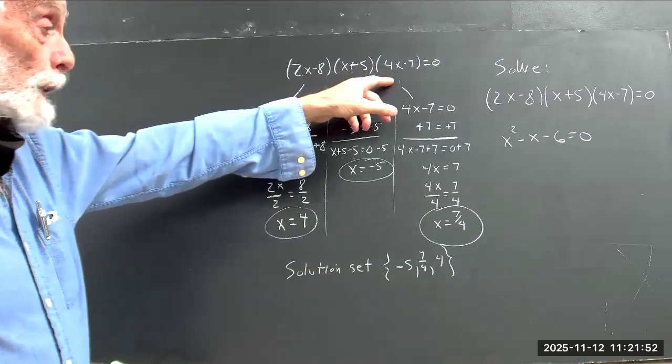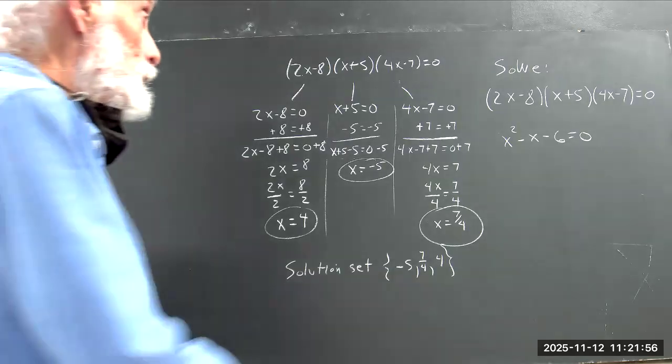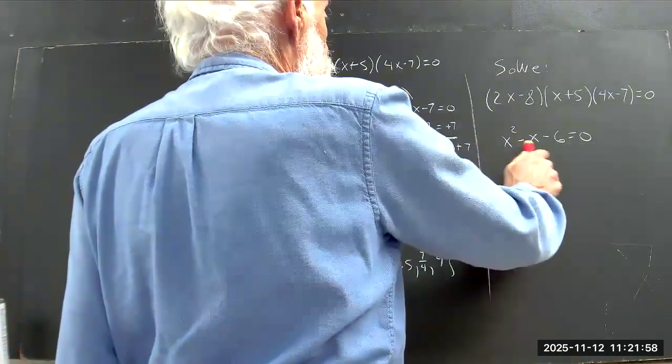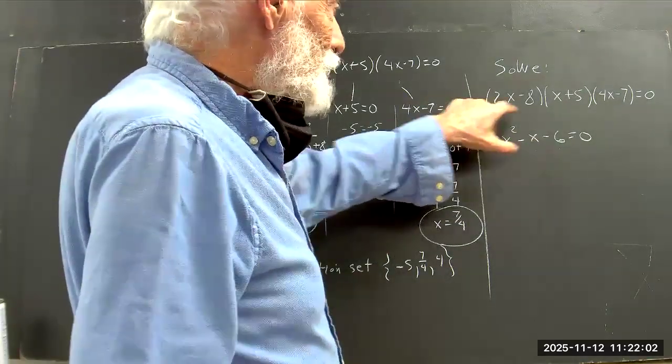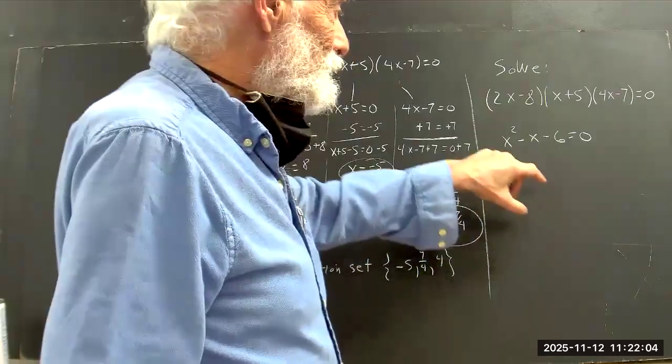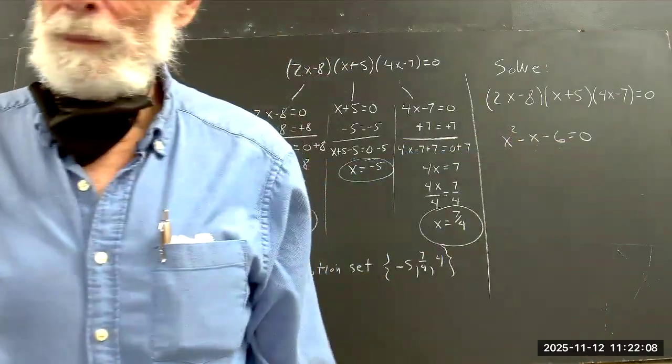Now, these expressions, some of them could be quadratic. They could be like this. If I threw this into this product, I would have to solve this equation.